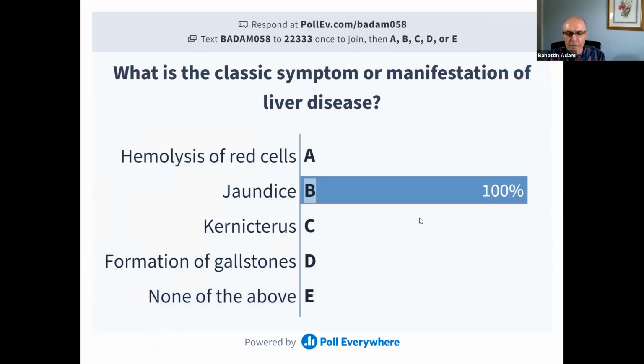Jaundice is one of the classic symptoms of liver disease. Good.